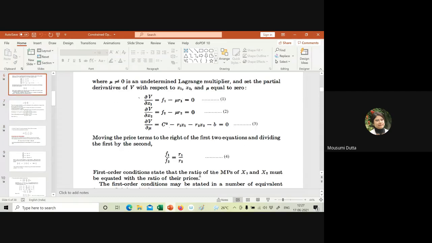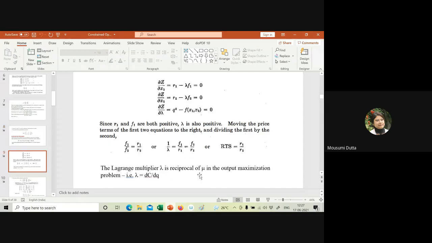Now 1 by lambda is equal to F1 by R1 is equal to F2 by R2. And R1 by R2 is called the rate of substitution.